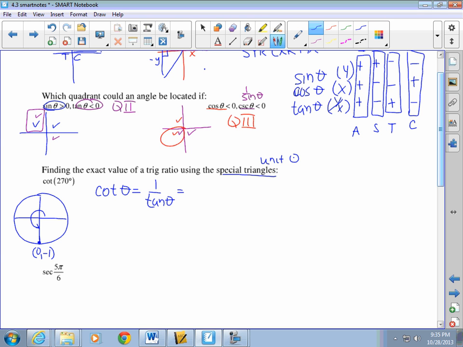And tangent of theta was y over x, so that means cotangent is going to be x over y.